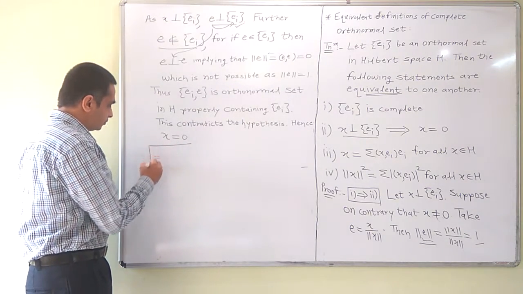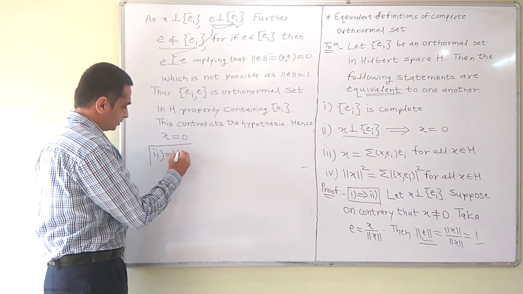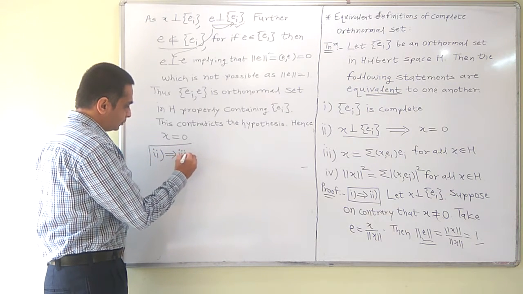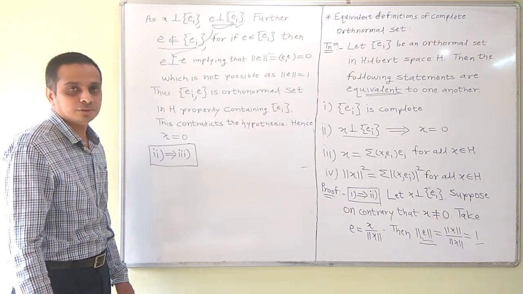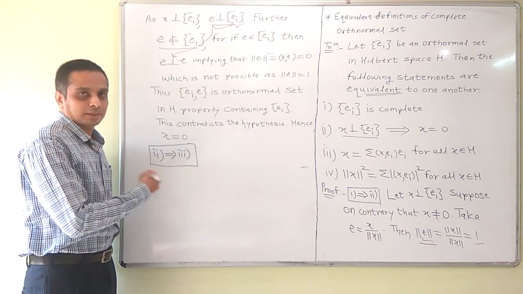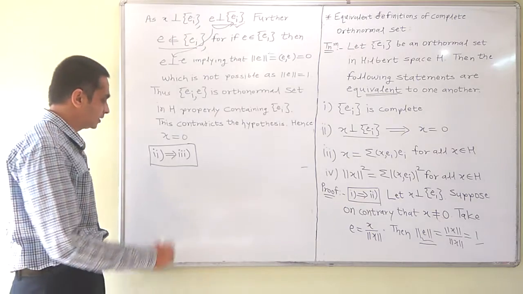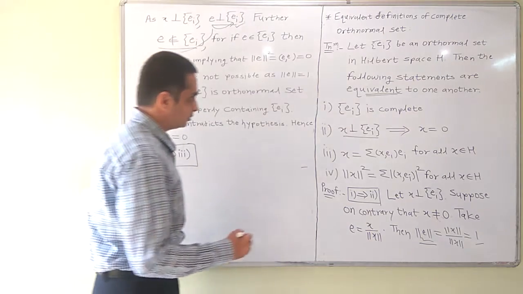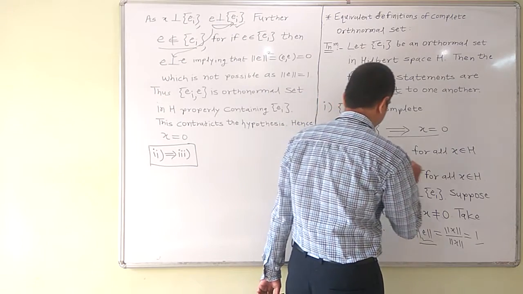Now let us prove second implies third. To prove second implies third, we are going to use the result which we proved in the second last lecture. Note that this is our hypothesis and this is what we have to prove.